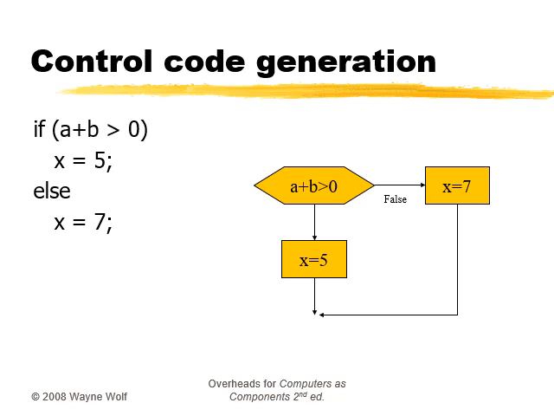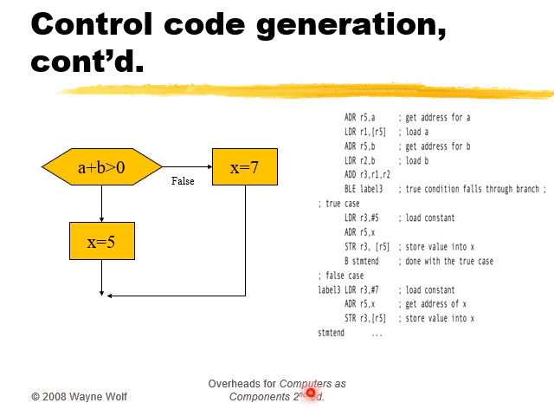So this is control code generation. Here we have three operations. Two of them are data flow operations and one of them is a control operation. Here's the code, again for the ARM processor.